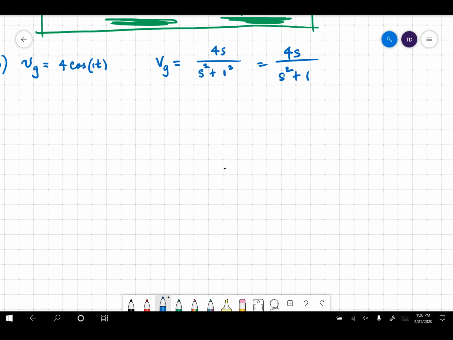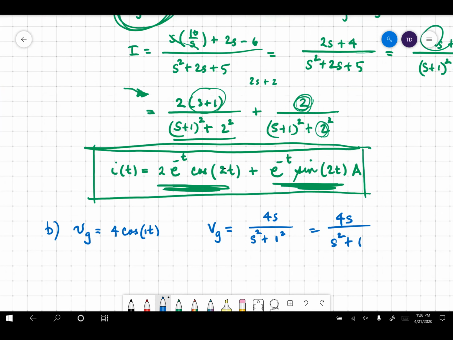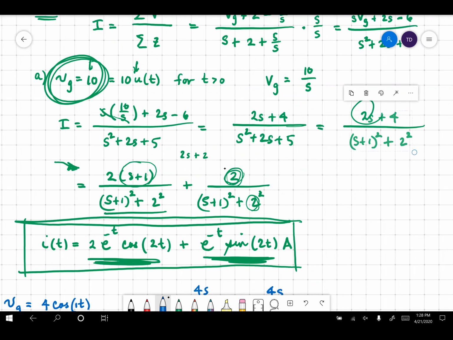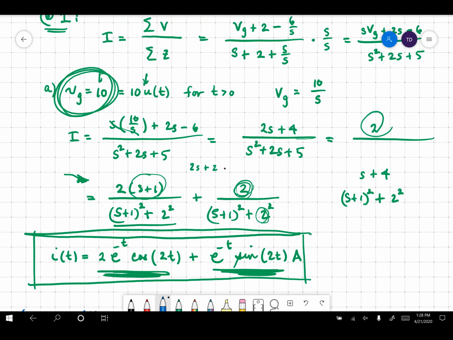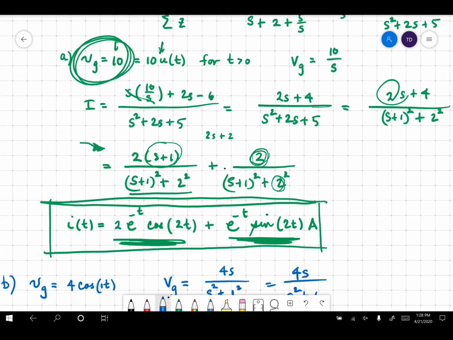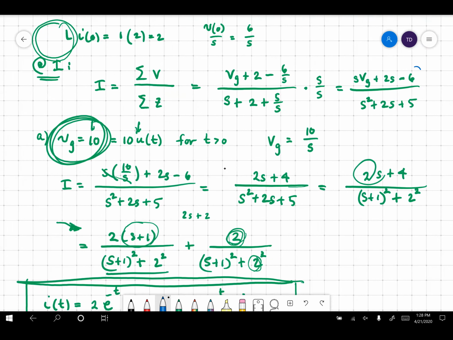Okay, so we'll use the same analysis approach that we just used. We have VG, we're just going to substitute VG into this equation right here for I. Let's go back to where we were. Beautiful. This equation for I right here.